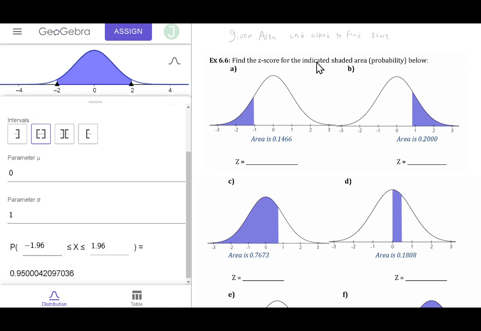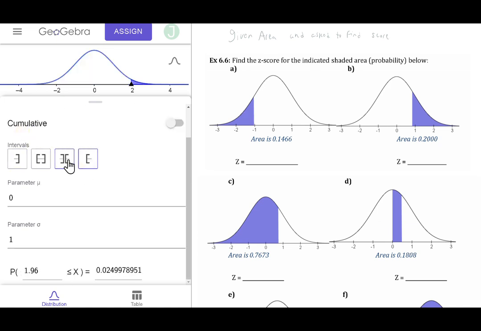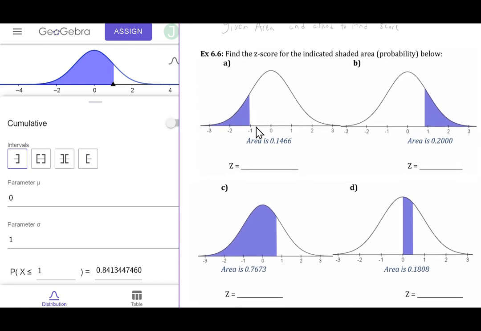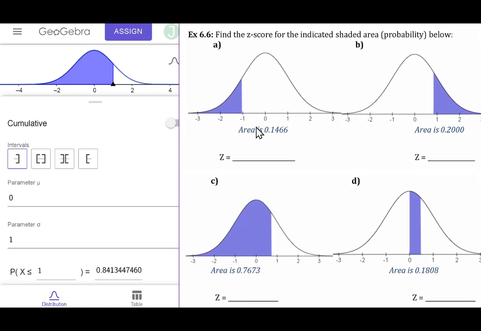All right, so GeoGebra is nice because we can just choose the type of shading that we want, and the graph will follow with whatever it is that we're doing here. So we just need to match the shading to the shading of the picture. It asks us in part A to find the z-score for the shaded area or probability given.